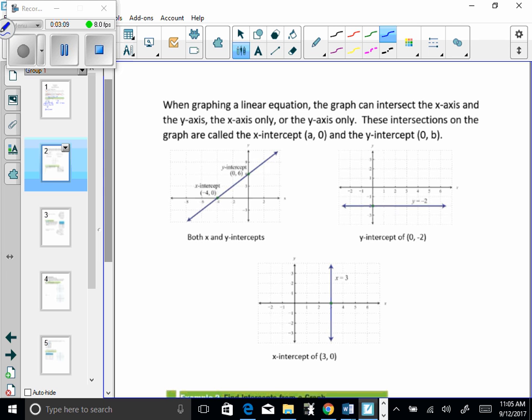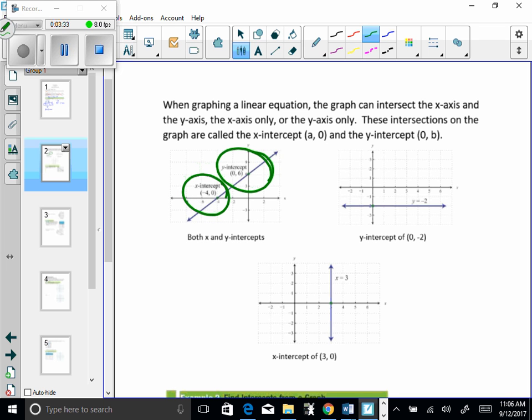And the y-intercept is at 0, b, so 0 and some number. You can see in the first graph that I have both an x-intercept and a y-intercept here. And so the x-intercept is at -4, 0, and the y-intercept is at 0, 6. So that's a very common one that you'll see.